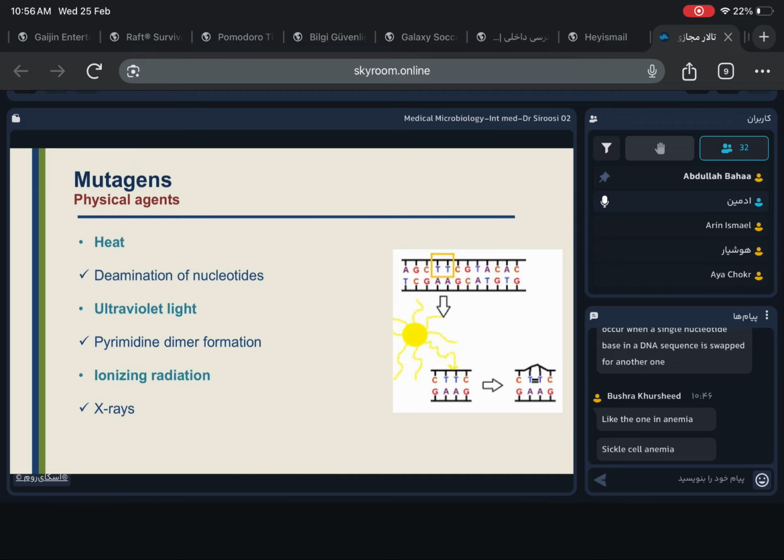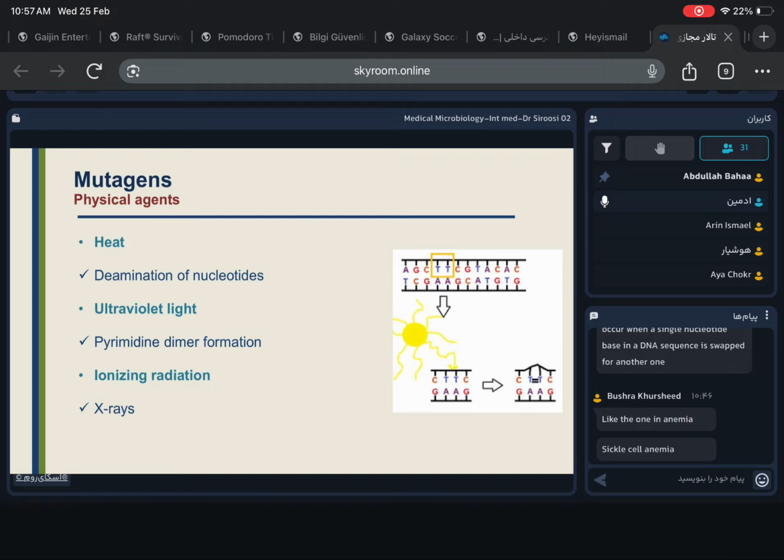And also we have ionizing radiation. An example is X-rays. Ionizing radiations are very powerful radiations. They have enough energy to damage molecules, and they produce reactive radicals, free radicals, which are very reactive.